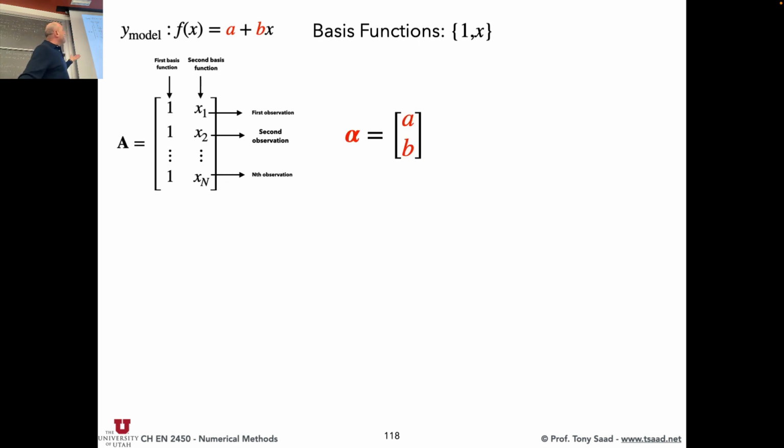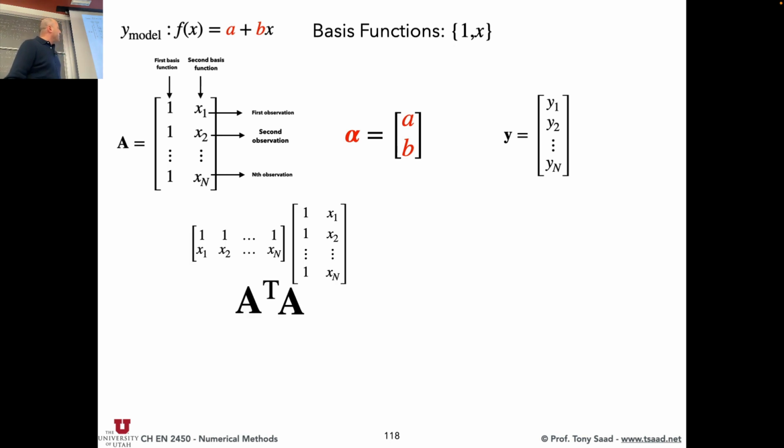Alpha is your solution vector, contains a and b. And your right-hand side, your y, contains your y data points that are given to you, y1, y2, all the way to yn. Remember, x and y data are given to you, x1, y1, x2, y2, and so on.